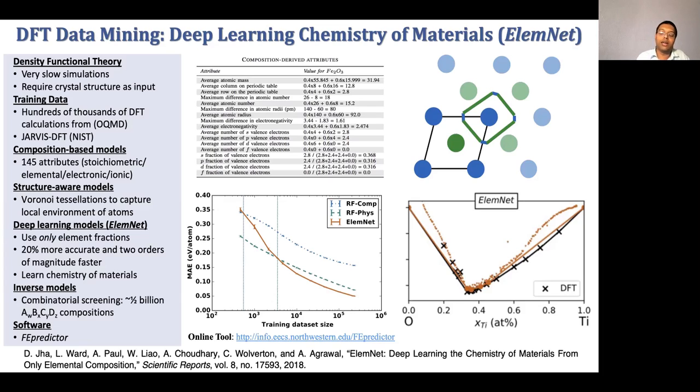So it actually learned chemistry by itself to some degree, which is very consistent with other applications and other success stories of deep learning. And here I'm showing one example where the LMNet was able to recover the convex hull of a titanium oxygen binary system, which was withheld from the training data.